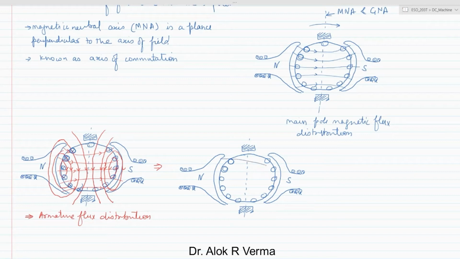This will be the magnetic neutral axis now. So this is basically the addition of the two, which can be written as the resultant flux distribution.